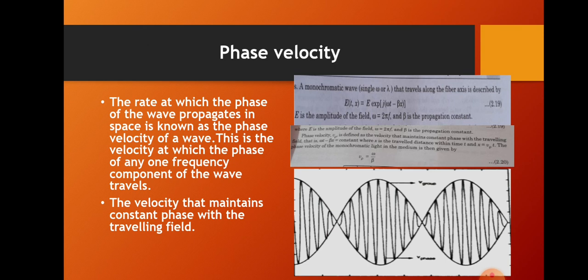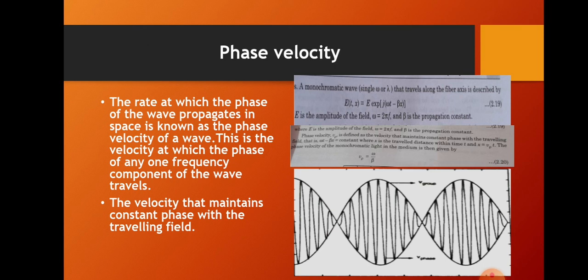Phase velocity actually represents the rate at which the phase of the wave propagates. So this is the velocity at which the phase of any one frequency component of wave travels, and it also represents the velocity that maintains constant phase with the traveling field.